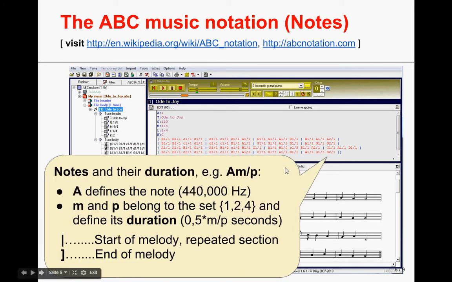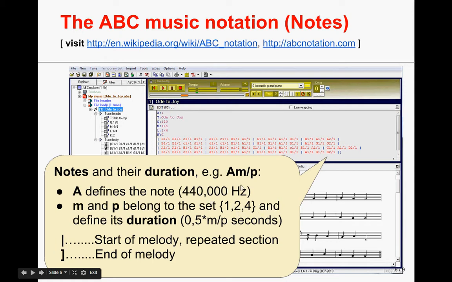Now, the part that is of most interest to us is the representation of musical notes and of their duration, which takes the form that is indicated here. In this case, this would be note A in the fourth octave, and M and P, which belong to the set 1, 2, or 4, represent the duration of the note.